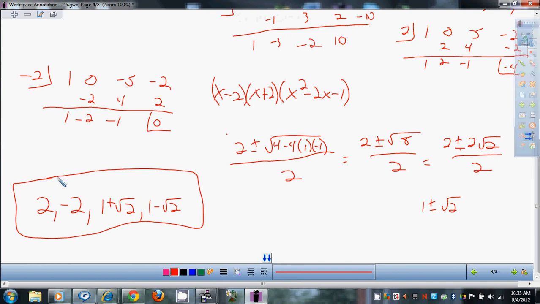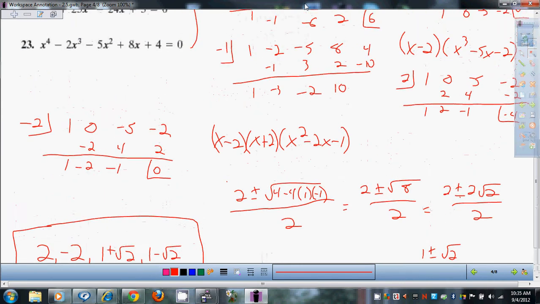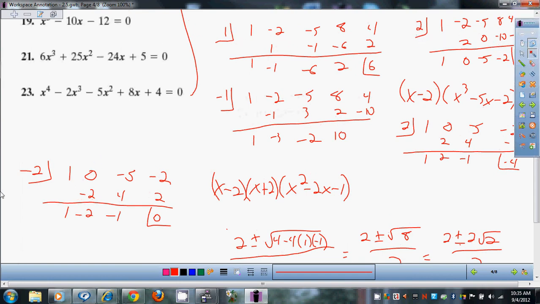Questions? Any questions about anything you see on this board? This one? Because we already found those. 2 was 1 and negative 2 was 1.